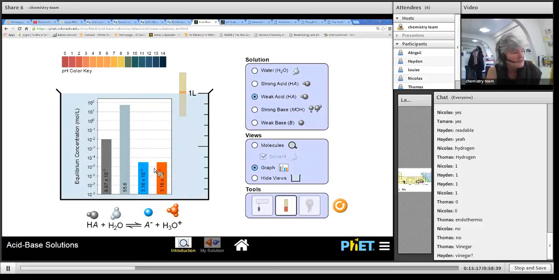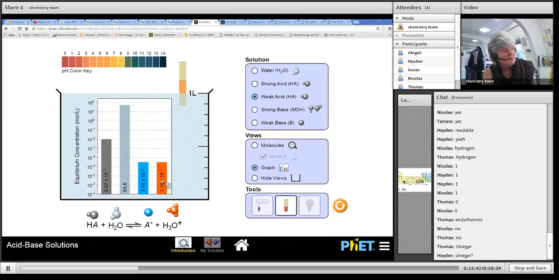So can you see we've now got fewer hydronium ions compared to the strong acid where we had more hydronium ions. And the pH is a function of the amount of hydronium ions. So that's why it's now got a higher pH, because it's an inverse function, sorry.